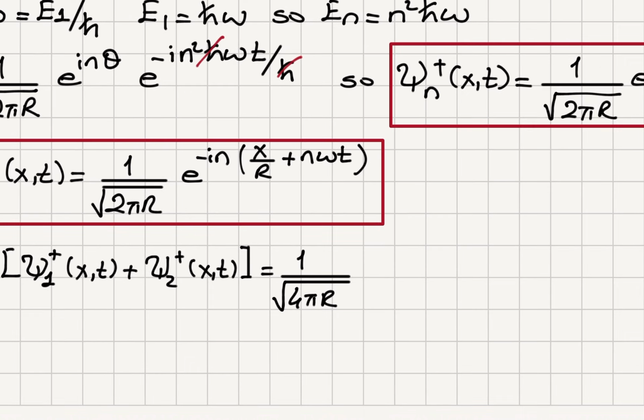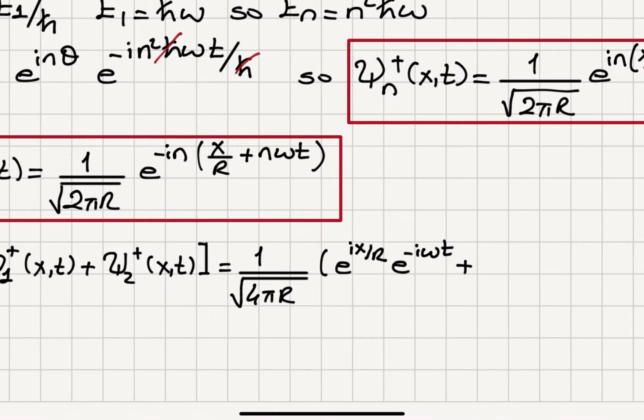And then we have e to the i n theta, so that gives us for n equals 1, e to the i x over R, and e to the minus i omega t for the plus solution for n equals 1.